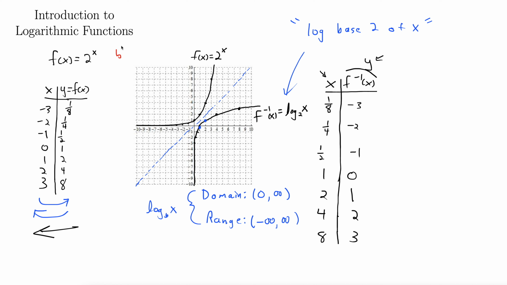For b to the x, and we'll model it here off of our 2 to the x, our domain is negative infinity to infinity, and our range is 0, but we're not touching 0, so I'm going to use the soft bracket to infinity.